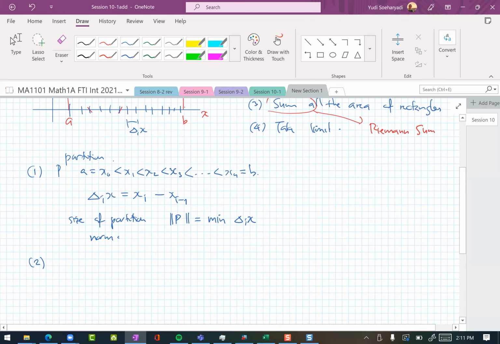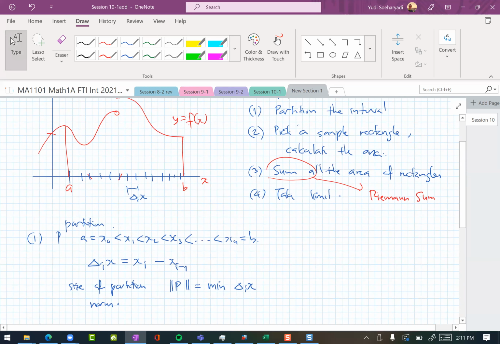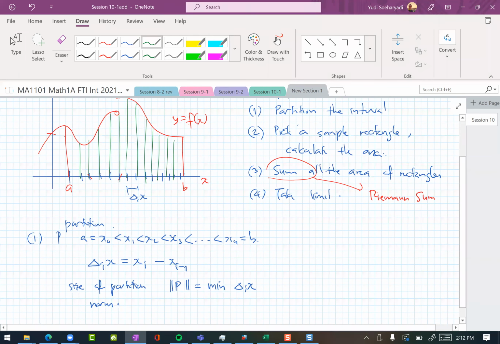Two, we pick a rectangle. So what we do here is, for each of these subintervals, let's pick a representative.